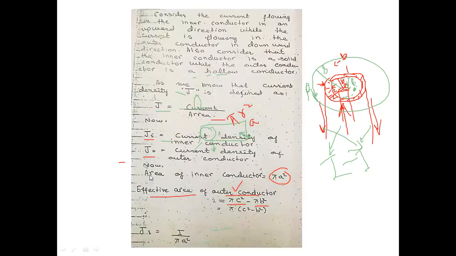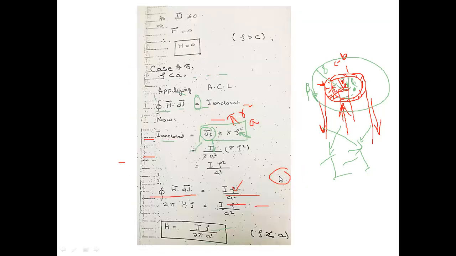So I divided by pi a square, into this area for the point of observation, the area of the path for the point of observation, meaning this one.